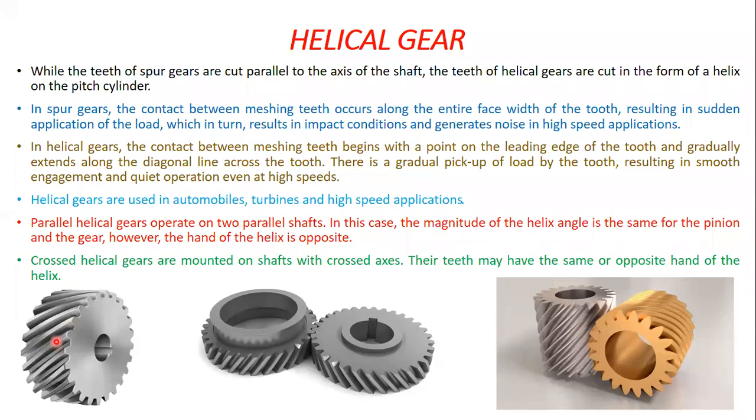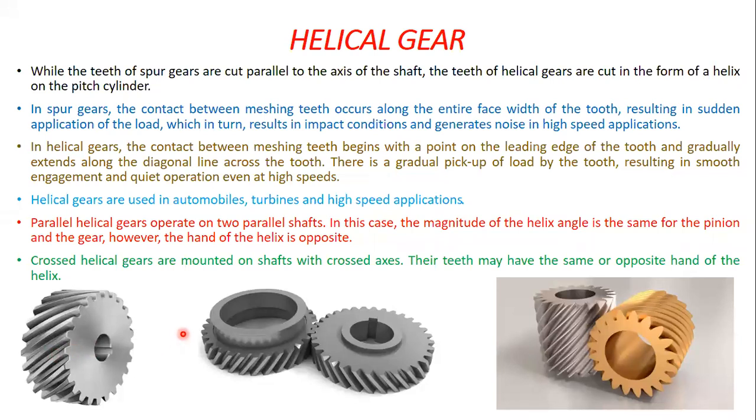As you compare this helical gear with the spur gear, in the spur gear, the contact between the meshing teeth occurs along the entire face width of the tooth, resulting in sudden application of load.